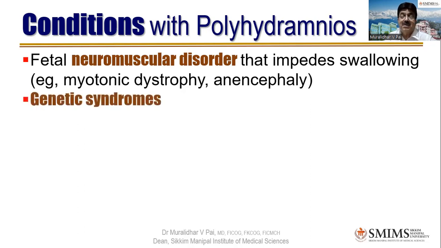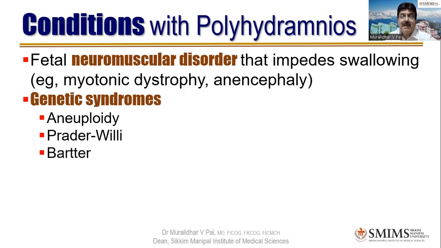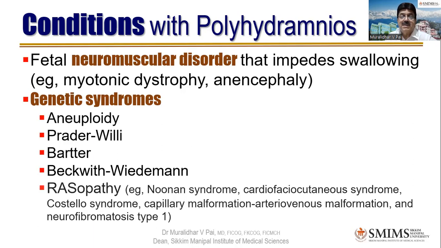Genetic syndromes. Now, this is very, very important in the formation of polyhydramnios, especially aneuploidies. How, we will see shortly in the subsequent slides. Prader-Willi or Bartter, and there is Beckwith-Wiedemann syndromes, and then RASopathy, examples of which are Noonan syndrome, cardiofaciocutaneous syndrome, Costello syndrome.